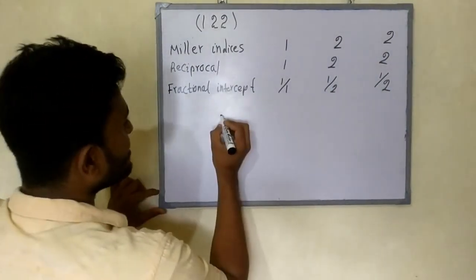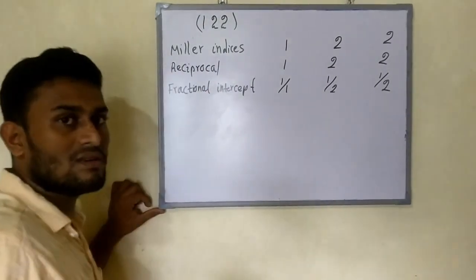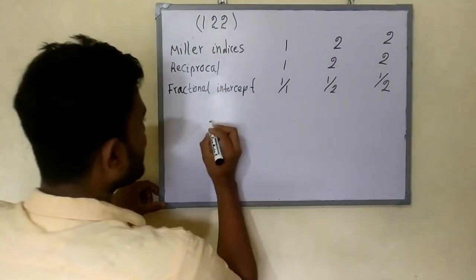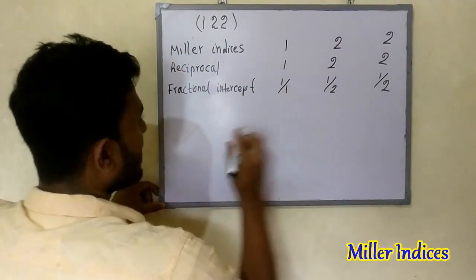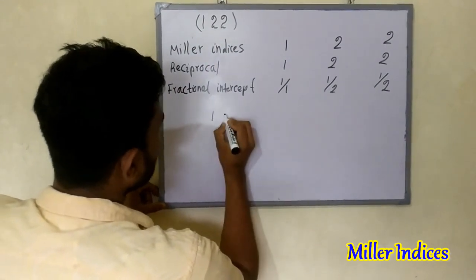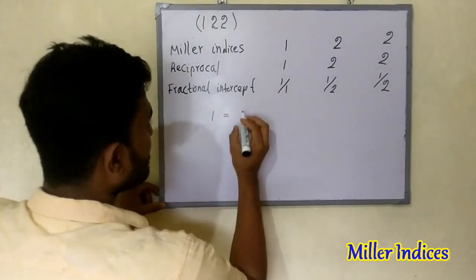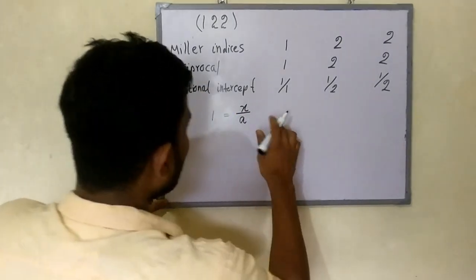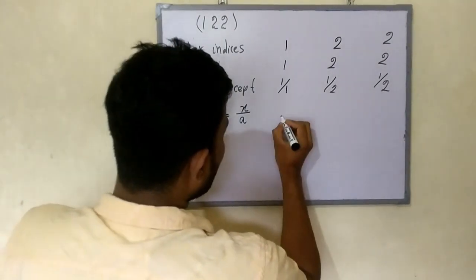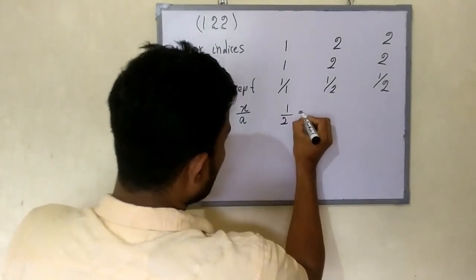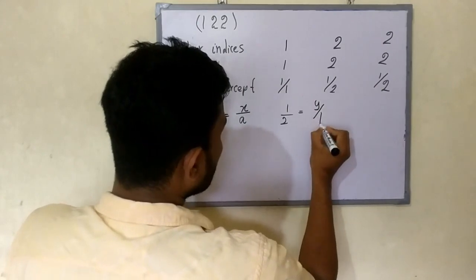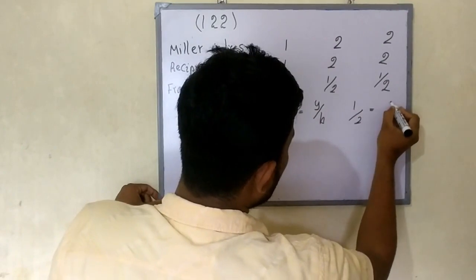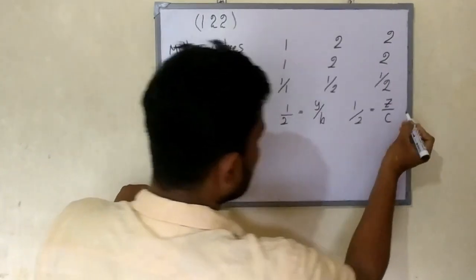Now we know fractional intercept equals intercept length over axial length. Find out the fractional intercept. Here from what is given, we can write 1 equals intercept length x over axial length a. Then for this one we can write half equals y over b. And here also half equals z over c.